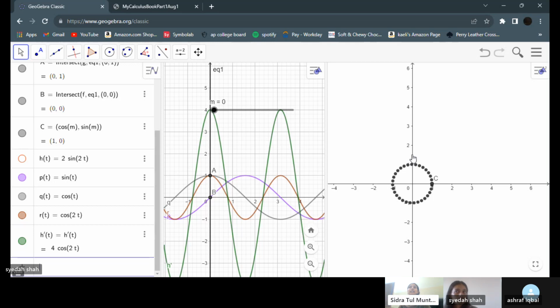One more thing here is that when we are taking the derivative of sine of t and sine of 2t or cos of 2t, we have a function, and we have taken the derivative of that function. So do you know about velocity? What is this?